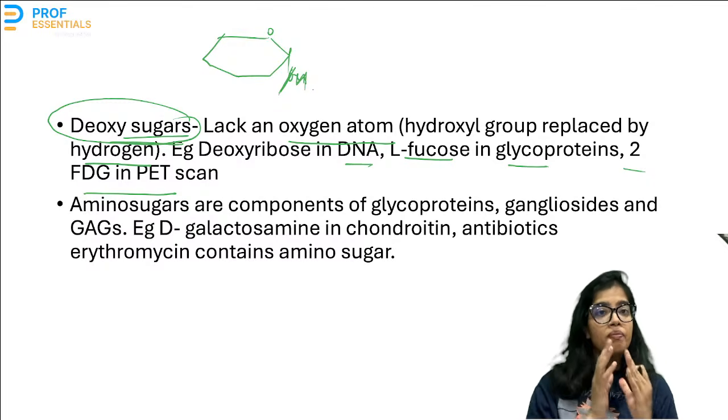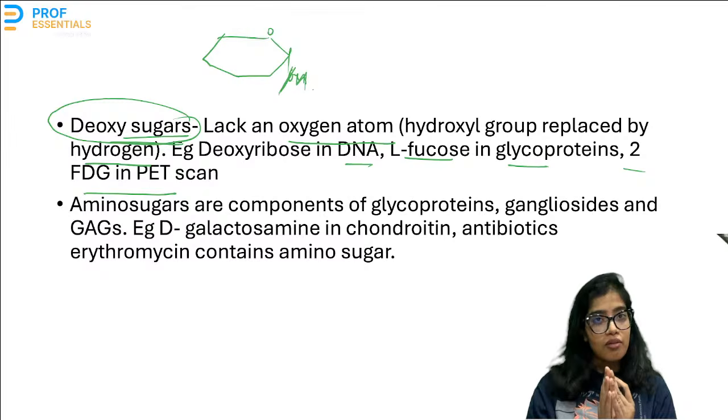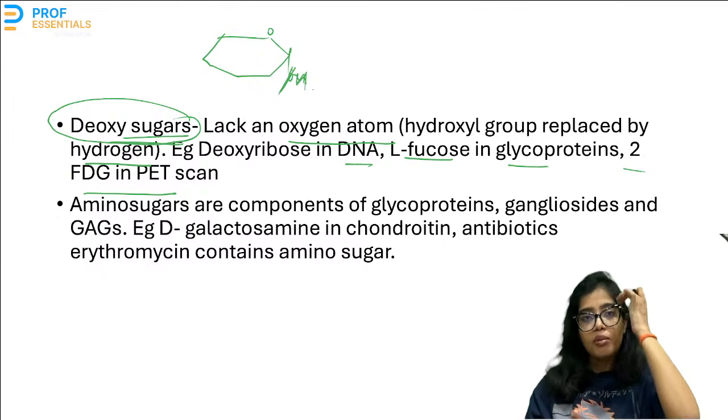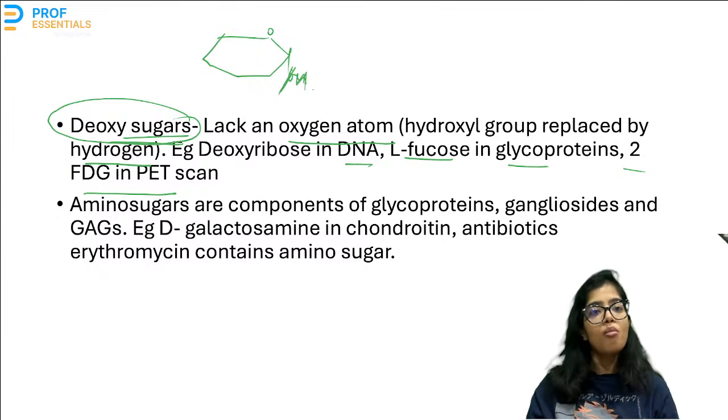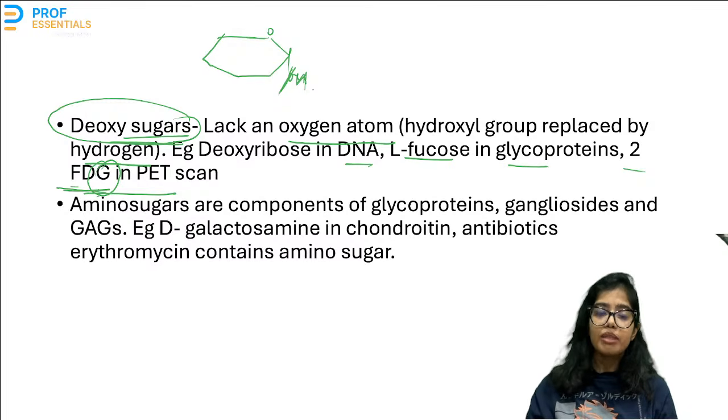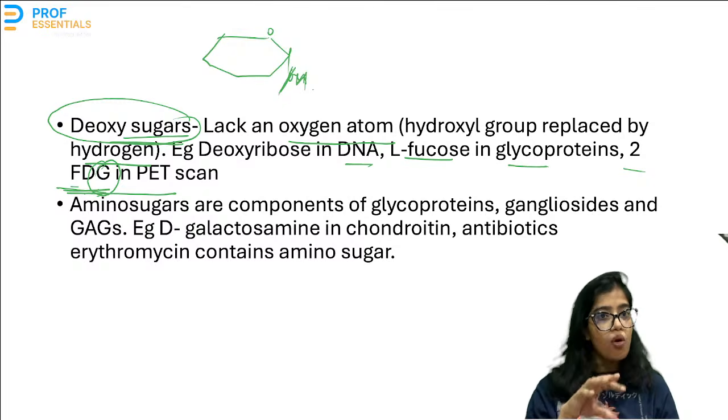2-FDG is what? It is taken up very highly by tissues that are very active in metabolism, that have a very high degree of metabolism, because it is a form of glucose, and wherever it is taken up it cannot be metabolized further. Fluorodeoxyglucose, 2-fluorodeoxyglucose, is not metabolized further, and then it can be picked up on PET scan.